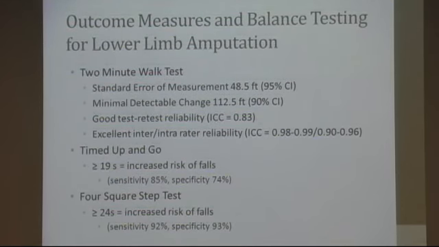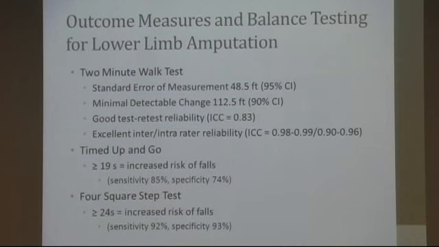And then when going through the research, these are some other things that have been examined with people who have had amputations. They're common outcome measures. So the first one is the 2-minute walk test. Some statistics on there: the standard error of measurement is 48.5 feet.